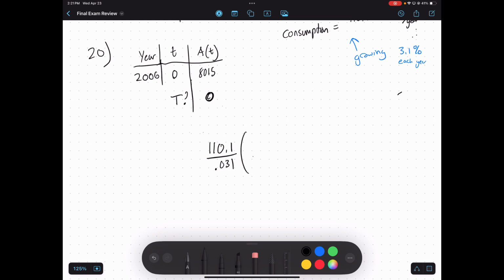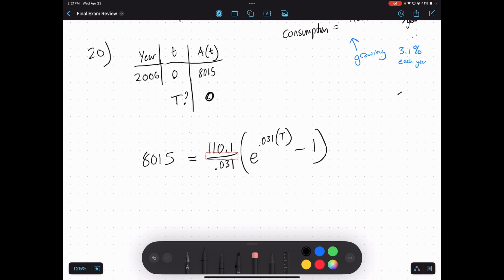Times t. But I'm using a future value here. I'm going to use the future value formula. So 0.031 times capital T. Once again, I'm solving for that T. I don't know that T yet. But I'm using a future value formula because I'm looking at when this consumption total will reach 8,015.